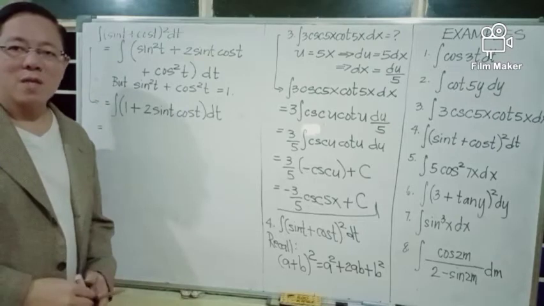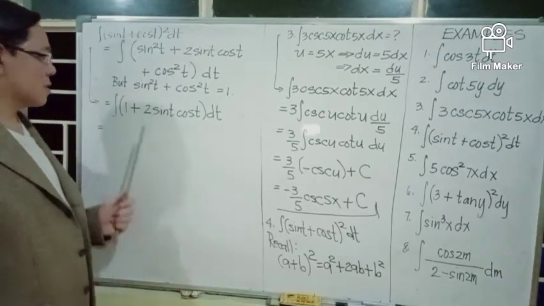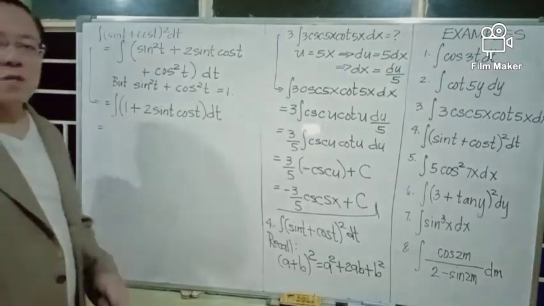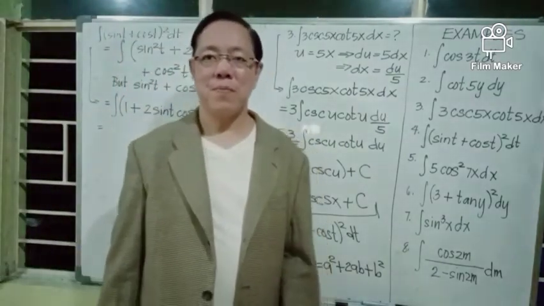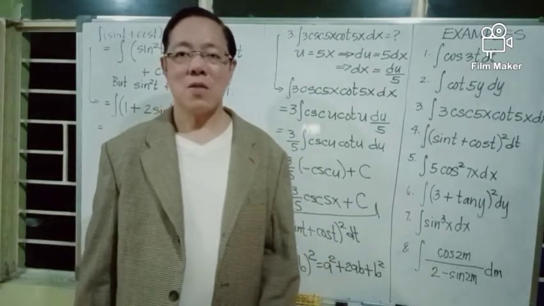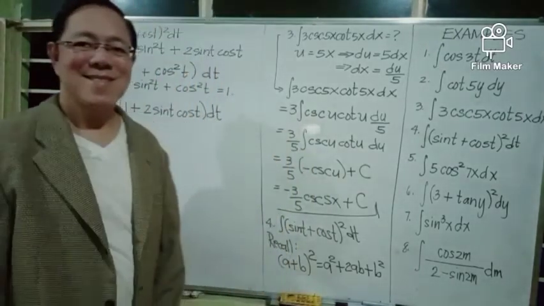We apply one of the integration rules, the integration rule for the integral of a sum of two functions. It says the integral of a sum of functions is equal to the sum of the integrals of the functions.